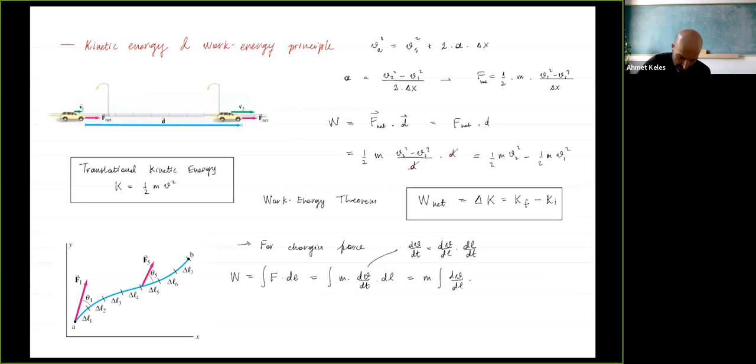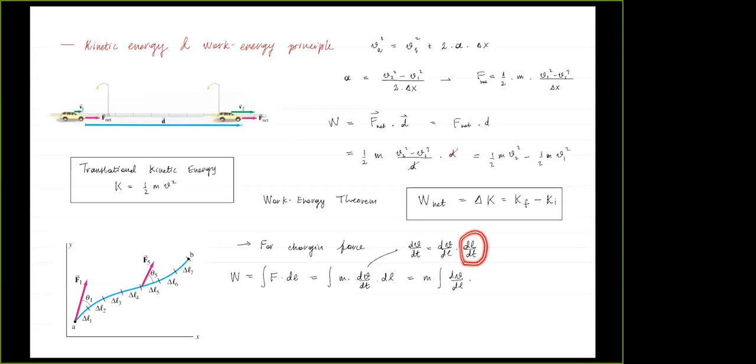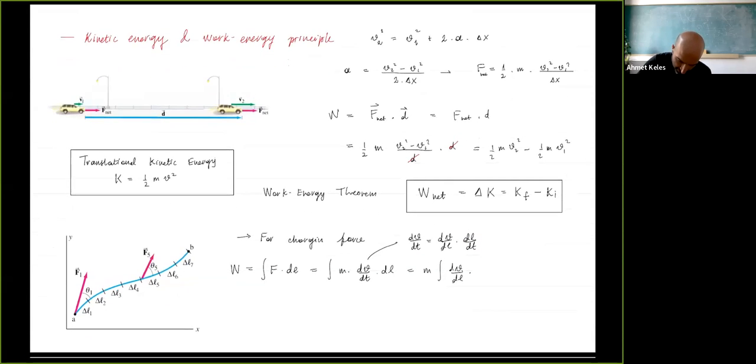Does anybody know what dl dt is? This quantity? Velocity. Thank you. Yes, this thing is V, velocity. Now let's write everything together.